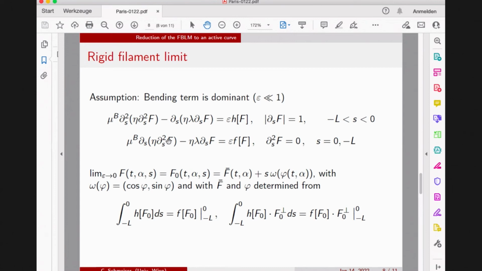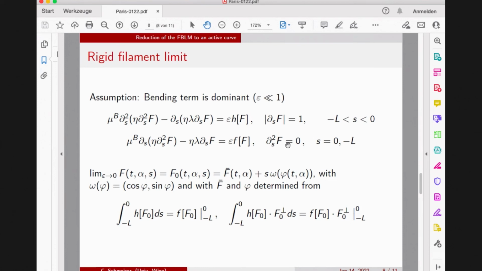And then here I also wrote the boundary conditions. The boundary conditions basically say that there are only small forces compared to the influence of the bending rigidity. So in the limit, when this epsilon parameter goes to 0, there is no linear force on the filaments. And we always assume that at the ends there is no turning force.